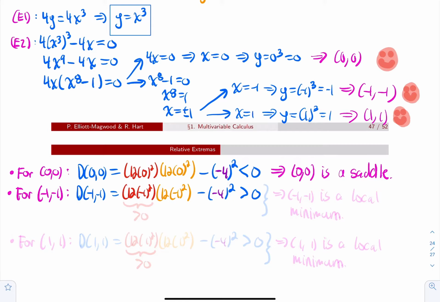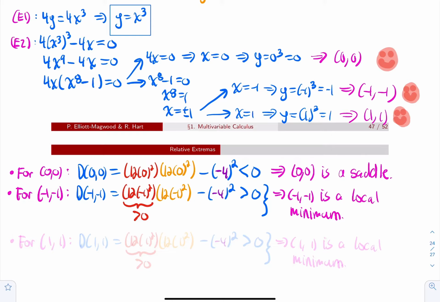And then I need the sign of f_xx, and this is also positive. It's just 12. So you can conclude using these two signs that the point (-1, -1) is a local minimum. Here we go. Yay.